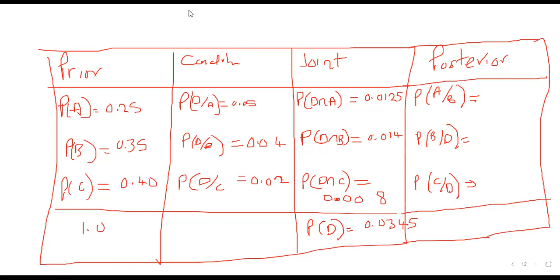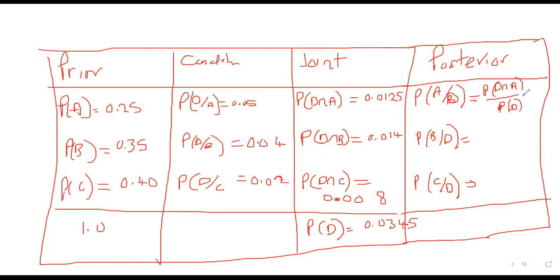Why is the first one A given B when it's D intersection A? Not supposed to be.